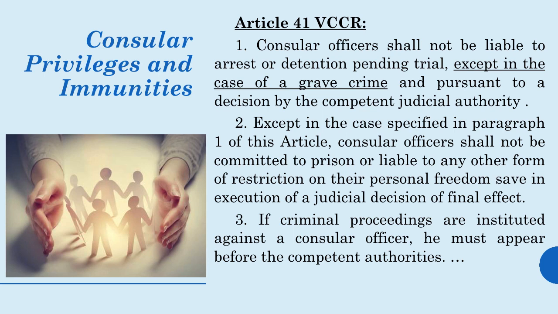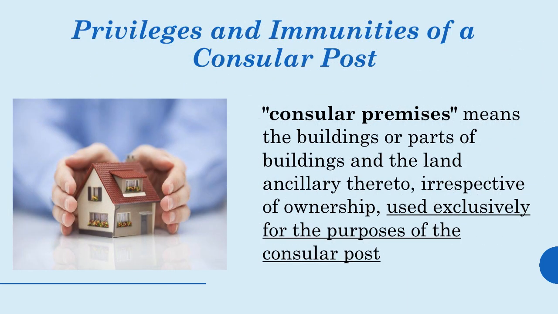Now we will talk about the privileges and immunities of a consular post. Exactly like the term diplomatic mission or embassy, the term consular post or consulate denotes either a group of people or a building complex. Article 1, paragraph 1, letter J of the Vienna Convention on Consular Relations defines consular premises as the buildings or parts of buildings and the land ancillary thereto, irrespective of ownership, used exclusively for the purposes of the consular post.